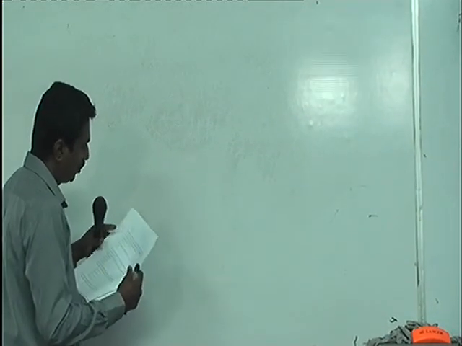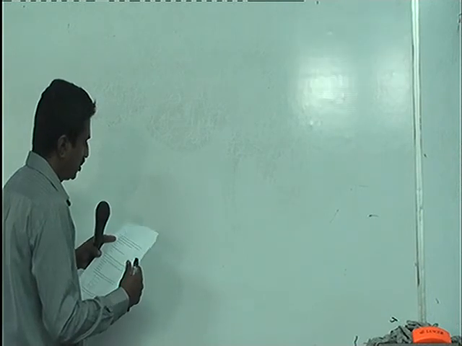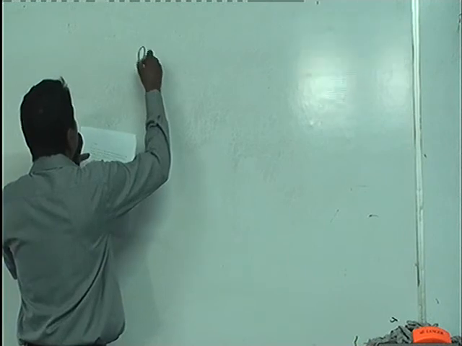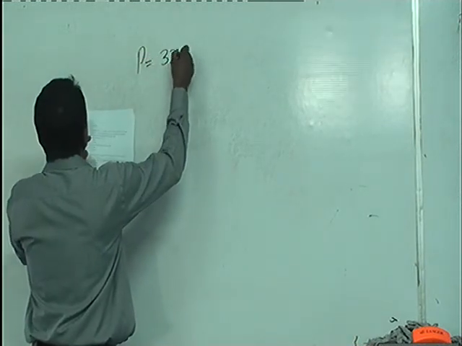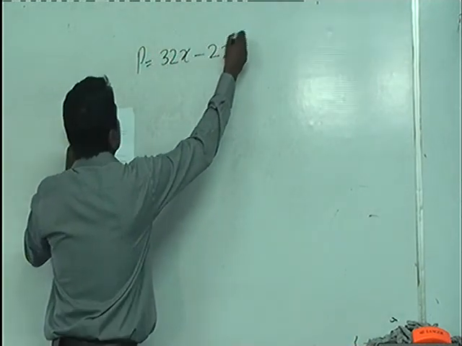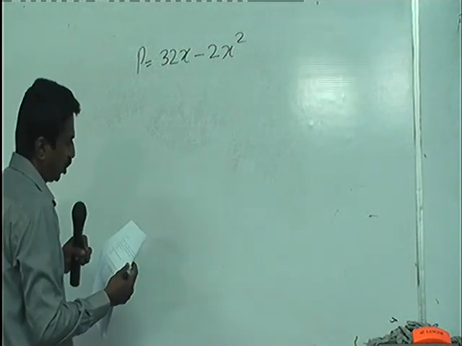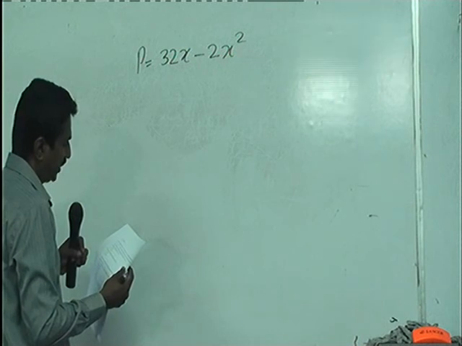The formula given is P equals 32x minus 2x squared, where P equals the total profit and X equals the number of units.